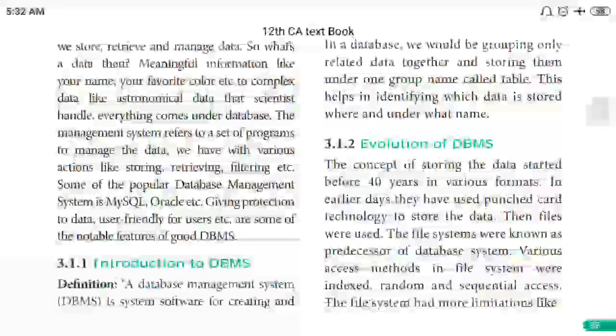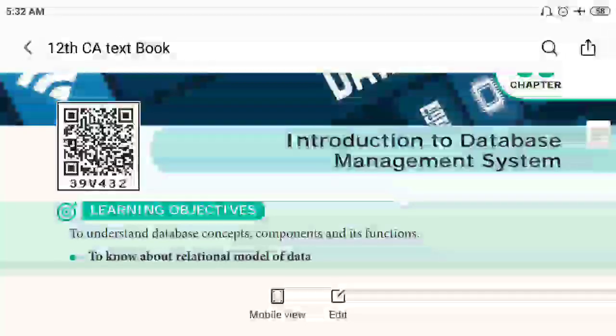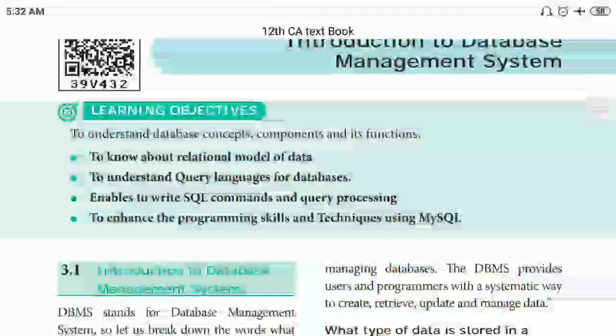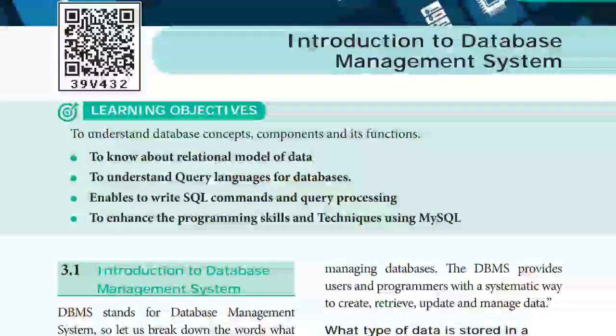So the topic is introduction to database management system. In this chapter we are going to learn about the relational model of data, and understand the query languages of database. This enables us to write SQL commands and query processing, to enhance the programming skills and the techniques used in MySQL.